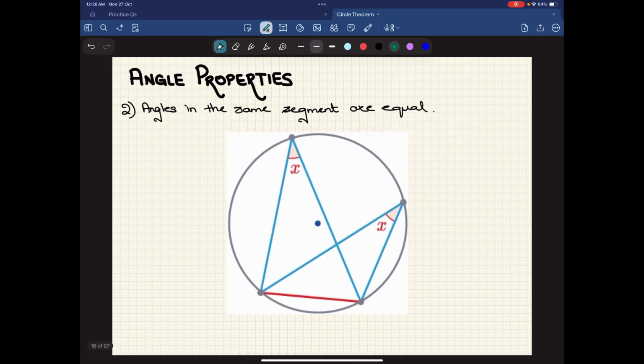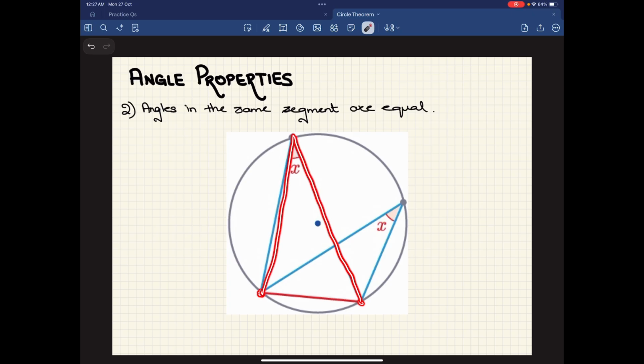The next angle property is that the angles in the same segment are equal. Okay, so angles made from the ends of the same chord. So look at this red chord. All the angles originating from the ends of this chord and angles made at the circumference would be equal. So see, this is x, right? Same ends, angles made at the circumference, this will also be x.